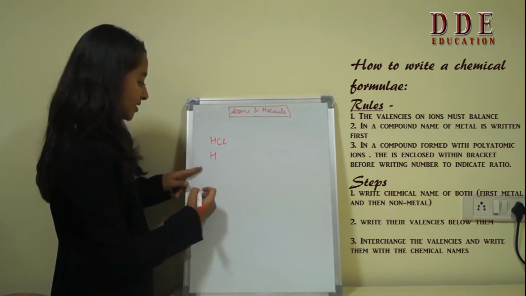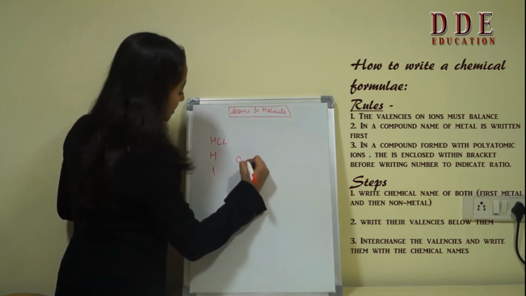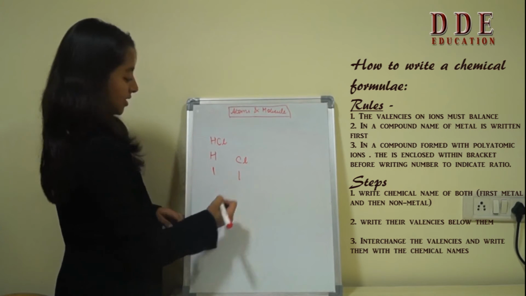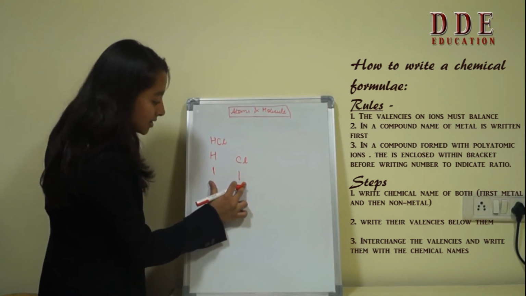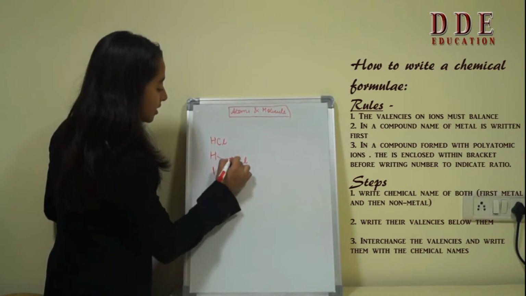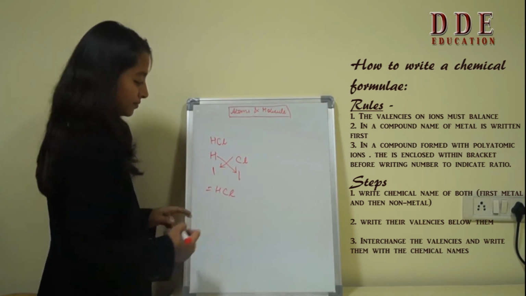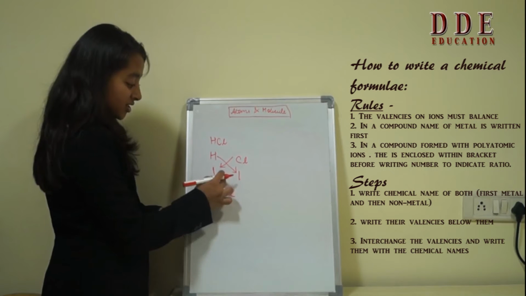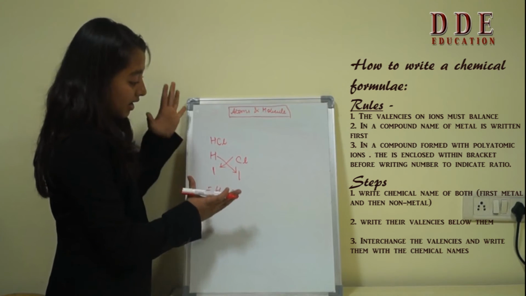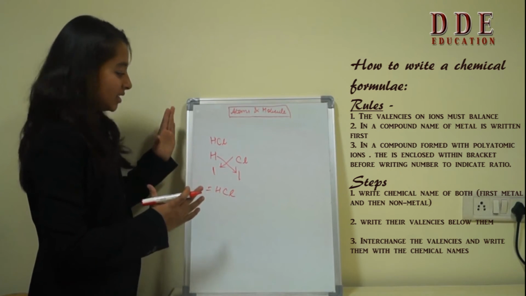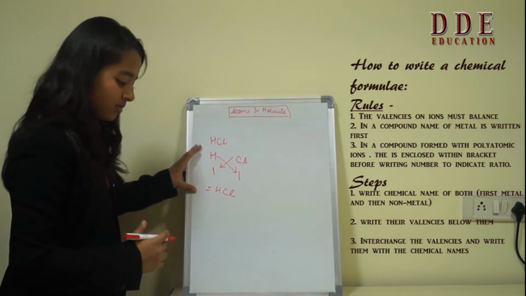H's valency is 1 and Cl's valency is 1. Then to balance it, we would make a cross like this, and it would be HCl. See, I balanced the valency, so my compound was formed.